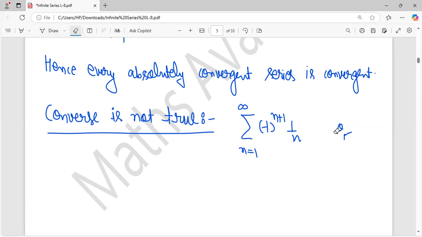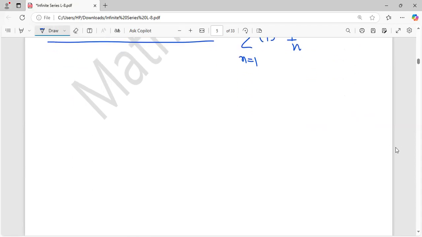What is the partial sum of this series? S_m is equal to summation n goes from 1 to m of minus 1 to the power n plus 1 upon n.